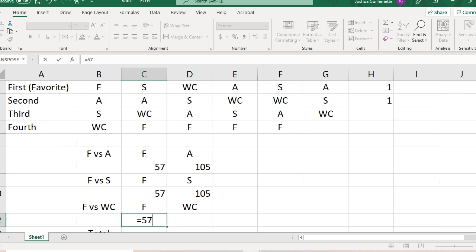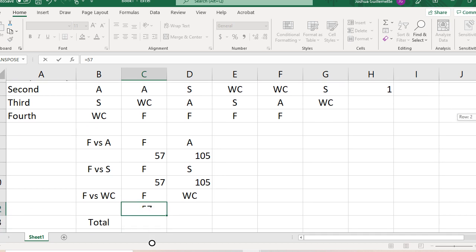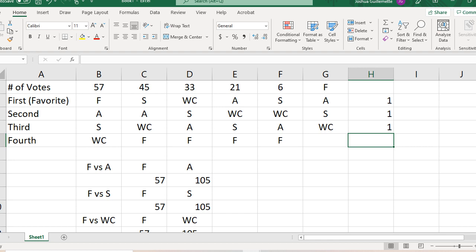Flash does not beat White Canary in the other columns. And so that's it, right? So obviously it looks like White Canary is going to win all of the other head-to-heads. And so, again, White Canary is going to win 1. And Flash has won 0. 0 so far. Oh no.